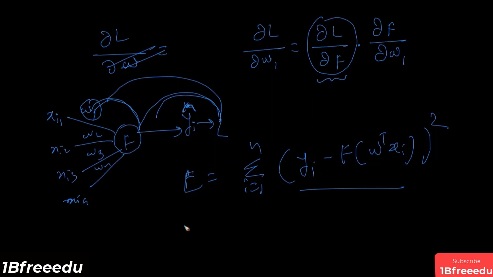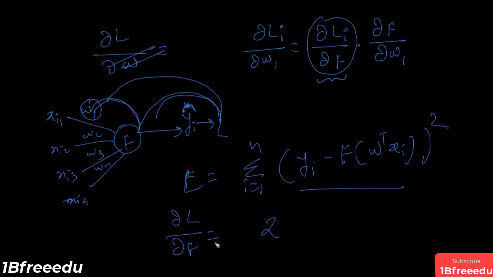In differentiation, the power comes down, so it becomes 2 times. Rather than finding the complete loss, I will take the loss of the ith data point. So dou Li by dou W1 is equal to dou Li by dou F into dou F by dou W1.